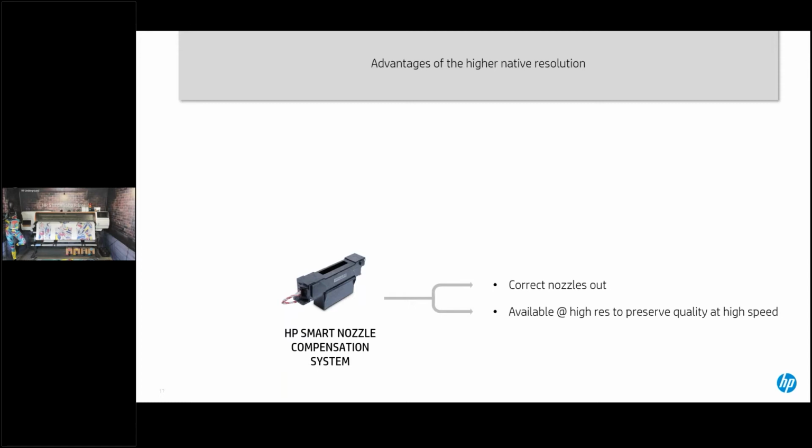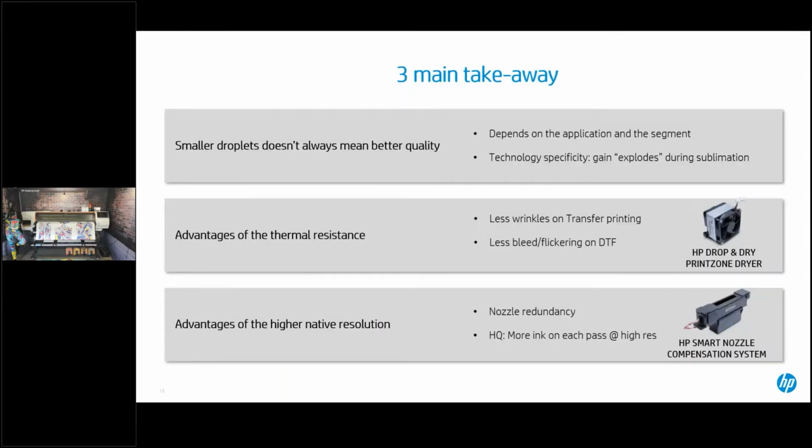If the nozzles are missing, it will try to clean and revitalize those nozzles. If it can't, then it goes into the smart nozzle compensation system. So again, it's still going to allow you to have high resolution and high image quality even in lower passes. And during the cleaning processes, it's going to either correct for this or compensate for this.